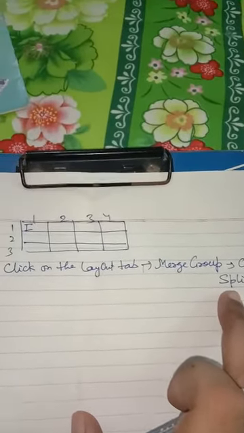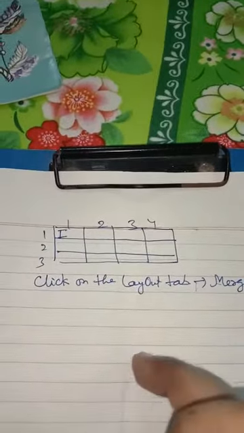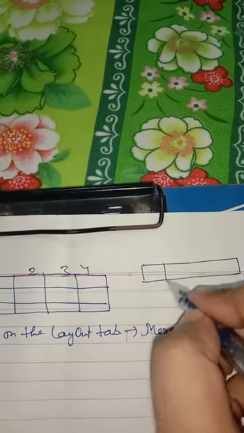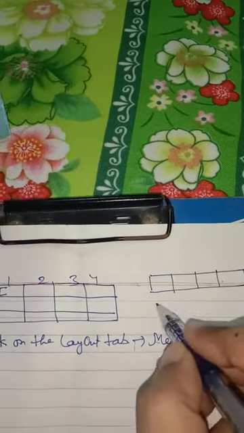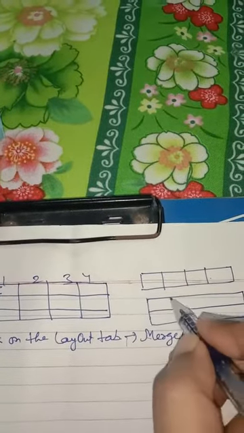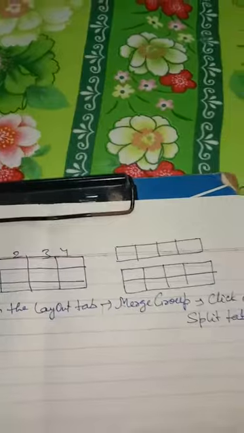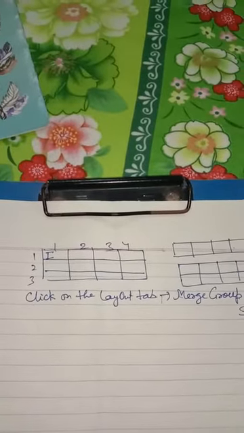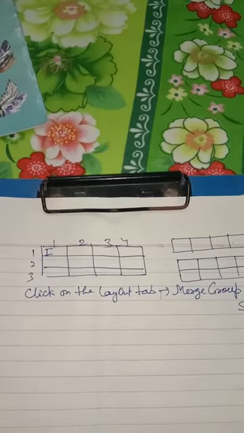As soon as you click on split table, the table will be split into two parts. This will be the first part, and this will be the second part. So in this way we can split a single table into two or more than two tables.